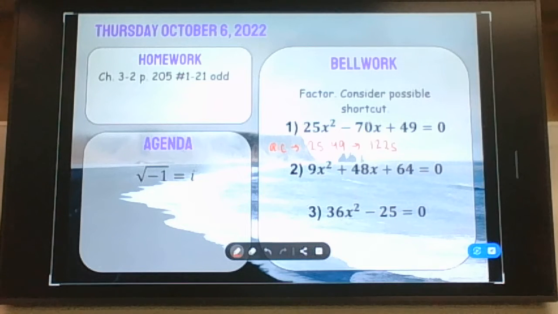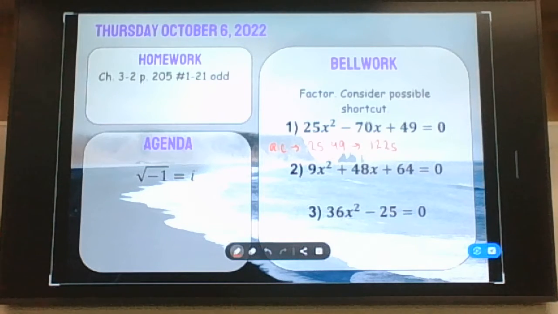If I see numbers that can square root, I just write out my two sets of parentheses, and I square root them. It's a 5x and a 7. A 5x and a 7. I keep the sign in the middle, and it's done. Super shortcut.